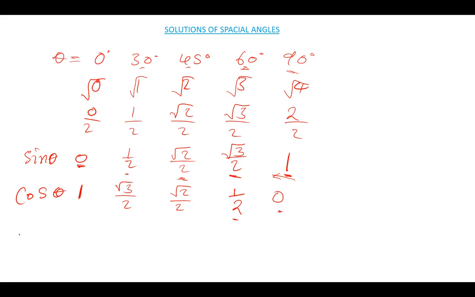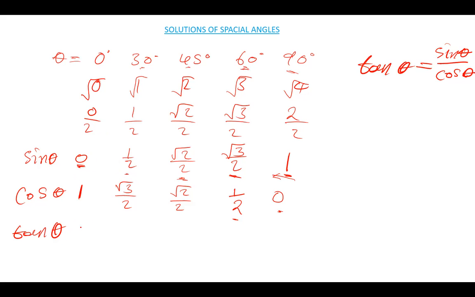Now let us find tan theta. According to trigonometric identities, tan theta is simply equal to sine theta over cos theta. Meaning when you divide the values of sine and cos, the answers you'll be getting are the solutions for tan theta.